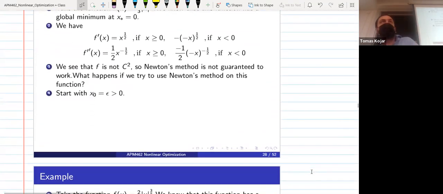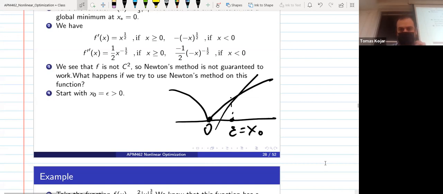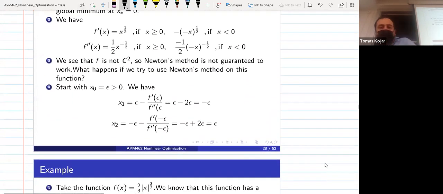So I take my initial guess to be a very small epsilon. So again, this is my function. This is my minimizer. And this is my initial guess. Okay, so I start my method from here. Let me find the first point. So the first point is this guy minus this, and I will compute this with you.